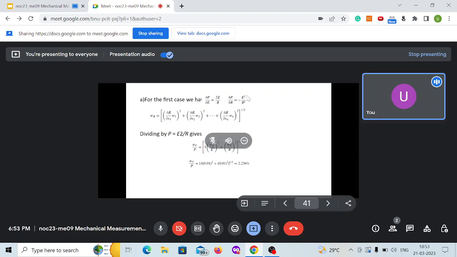So we know the differentiated values, and we also know the uncertainties, and when we divide this whole thing by power, the uncertainty of power for the relation E square by R will be WP by P equals the square root of the summation of the uncertainty into dou P by dou E, divided by P. So this equation simplifies to 4 into (omega E, the uncertainty of voltage, divided by voltage) the whole square, plus (uncertainty of resistance by resistance) the whole square, raised to power half.